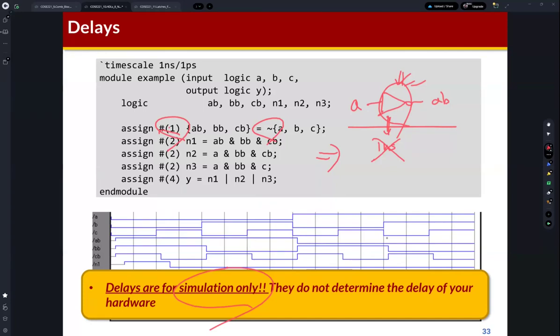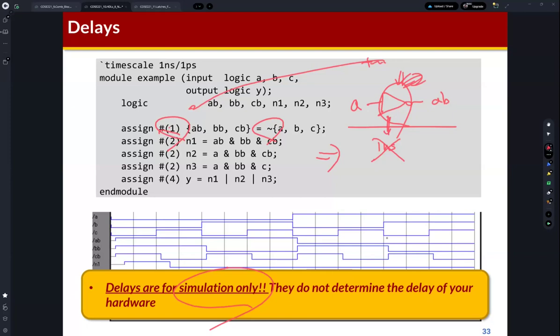We will learn about this timing specification later. After synthesis, the timing delay information will be included in this SystemVerilog statement. Then we can measure the timing delay of this circuit using simulation.